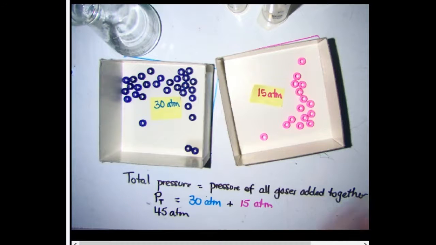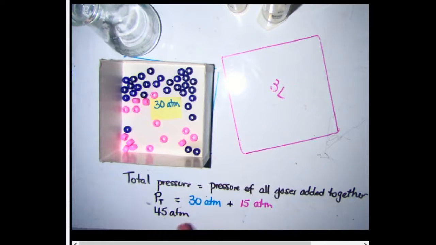But if we were to do it this way, if we were to add the pink to the blue, we would know by counting the beads, because that's what I did to be able to do this, that the total pressure is 45, and we can see that the pressure of the blue is 30 atmospheres.